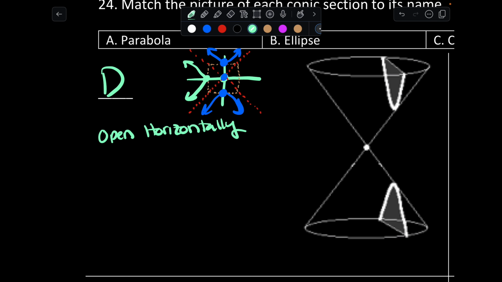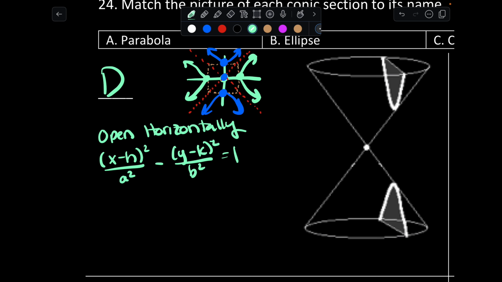So if it's opening horizontally, that means the hyperbolic curves are following the x-axis, and that means we will have this form. So we'll have (x minus h) squared divided by a squared minus (y minus k) squared divided by b squared is equal to 1. So this one opens horizontally because the term with the x is positive, okay?